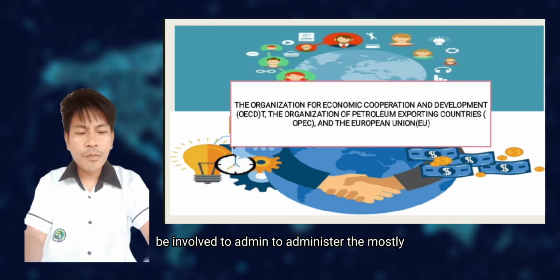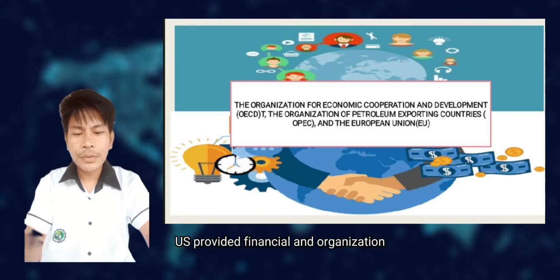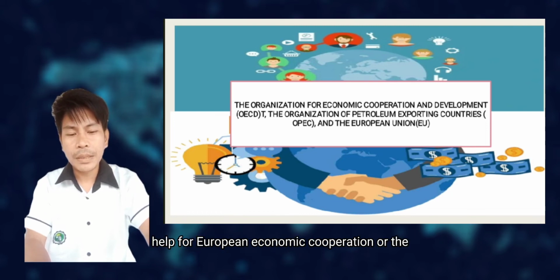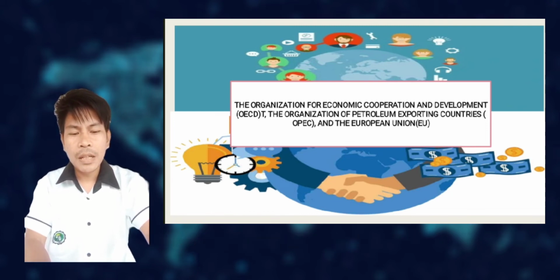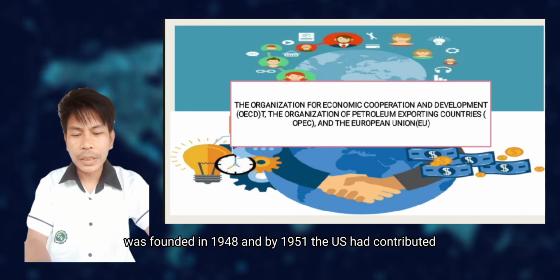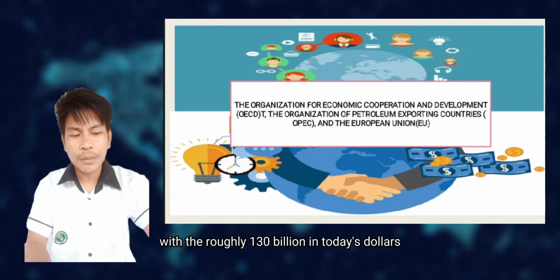The US provided financial and organizational support, and the Organization for European Economic Cooperation, or the OEEC, was founded in 1948. By 1951 the US had contributed roughly 130 billion in today's dollars.